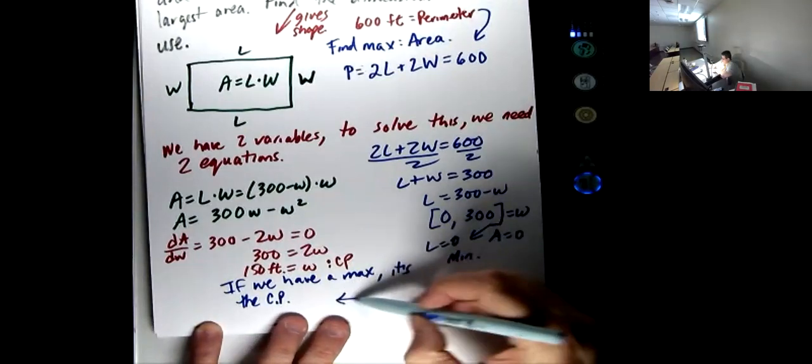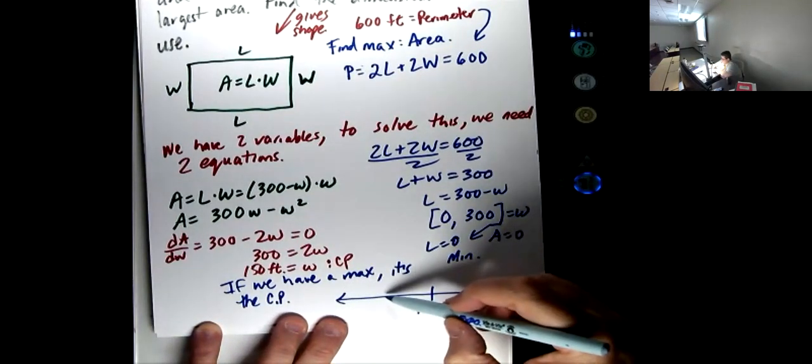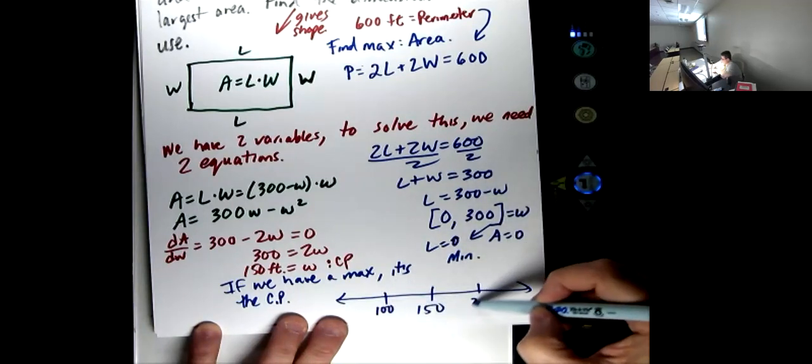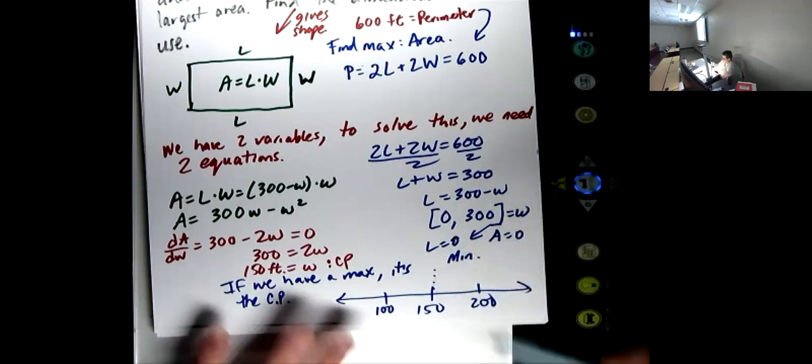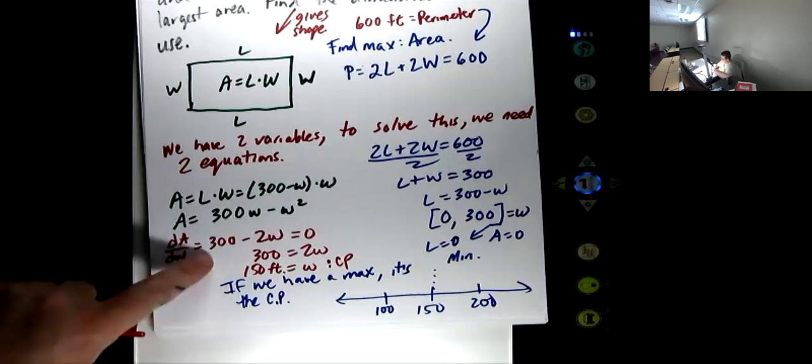So let's check our sign chart. Maybe check 100 and 200. If I stick in 100, 300 minus 200 is 100.